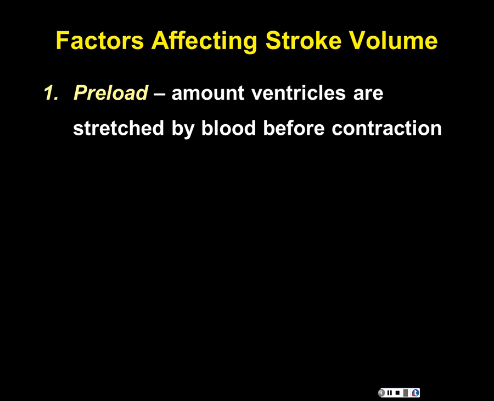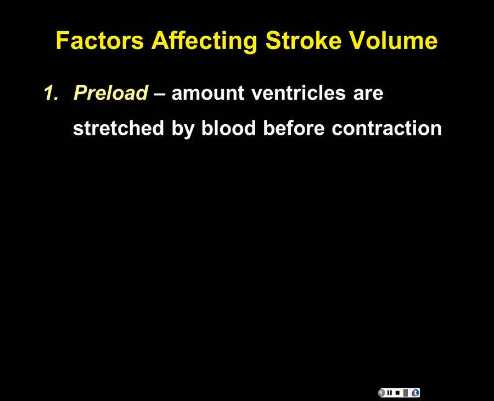Obviously, if there's more blood entering, the heart will expand or stretch more. To make it visually easier, have you ever filled a water balloon? If you add more water, it's going to stretch out, versus if you don't add very much water. Take two balloons, one with a moderate amount of water and one you really stretch out.